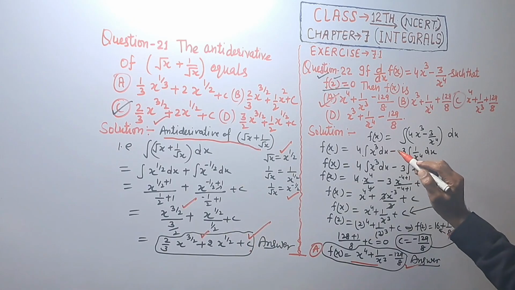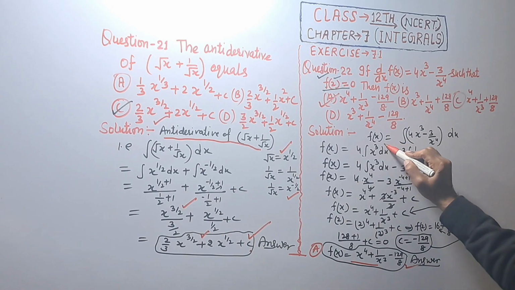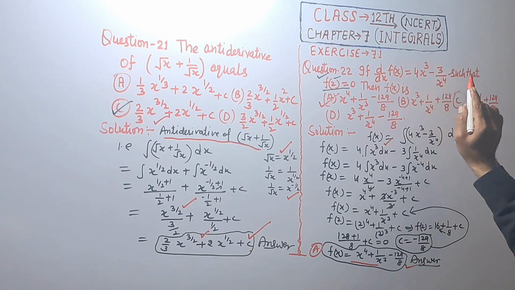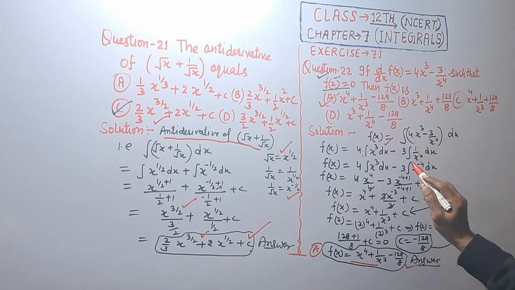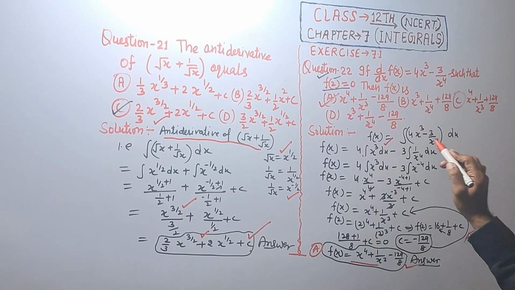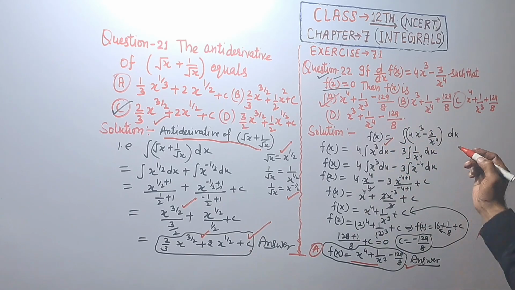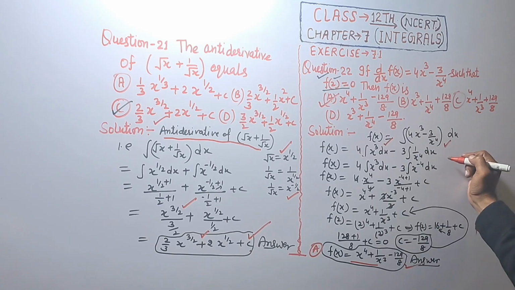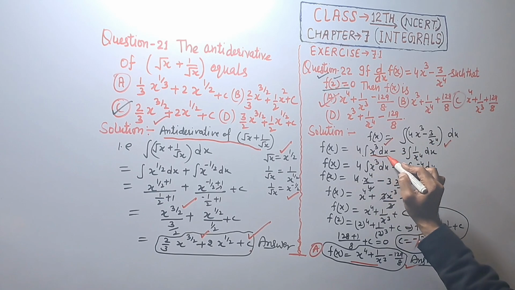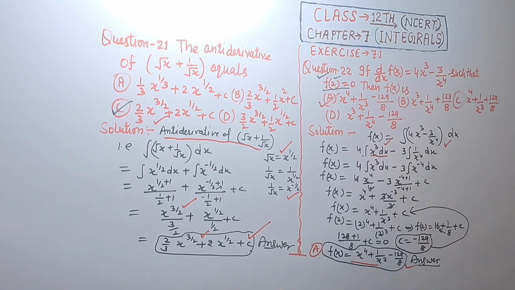Answer. Given derivative of f(x) equal to 4x cube minus 3 upon x raised to power 4, then f(x) equal to integration of right side, that is 4x cube minus 3 upon x raised to power 4 dx. 4 is taken out of integral: integration of x raised to power 3 dx minus 3 integral of 1 upon x raised to power 4 dx.